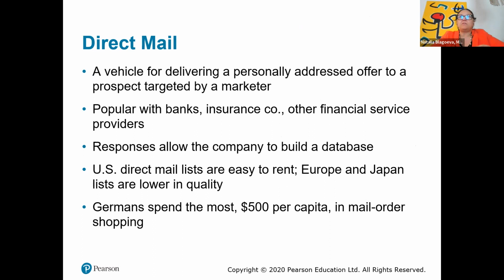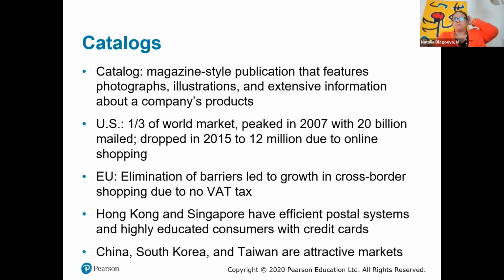There are also direct mail lists we can rent, but very often the quality is not very high. Probably the US has the most developed direct mail lists. There are also different habits. For example, Germans spend more per capita in mail order shopping, so we need to be aware of that.